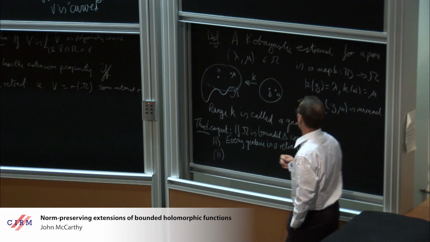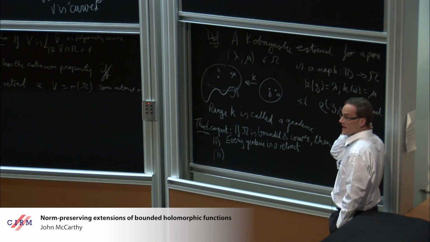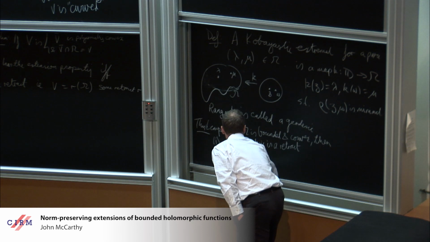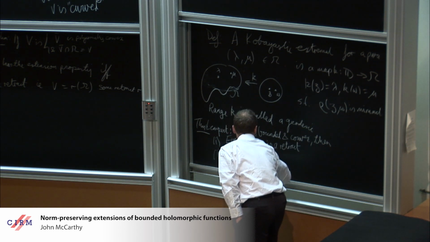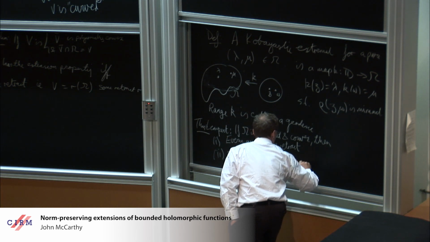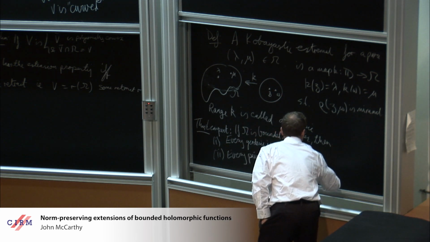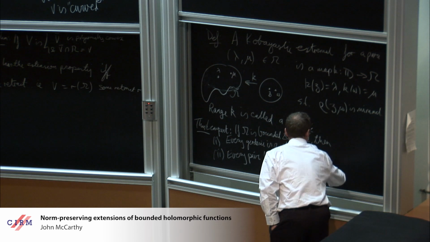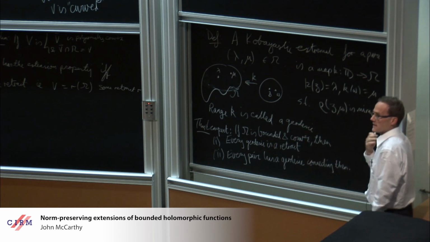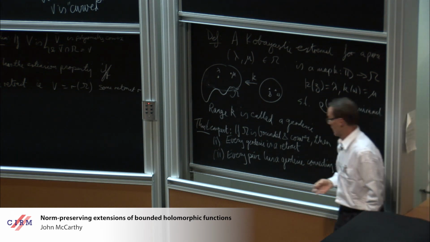And every pair of points has a geodesic connecting them. So it's not obvious that you can minimize this map, but Lempert proved you can.